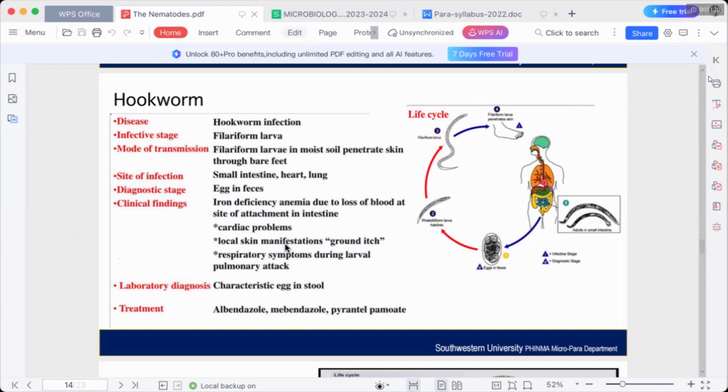The site of infection is the small intestine, but it can also migrate to your heart and lungs.